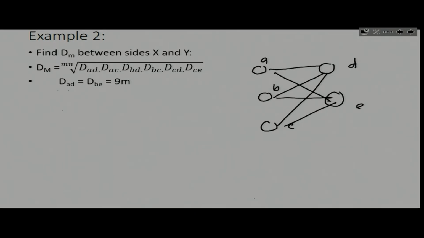So DAD is equal to DBE, which is 9 meters. And then DAE is equal to DBD and DCE. And that is the square root of 6 squared plus 9 squared, which gives us the square root of 117, which is 10.81.